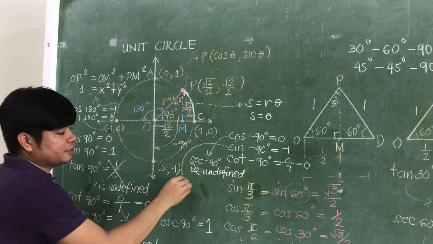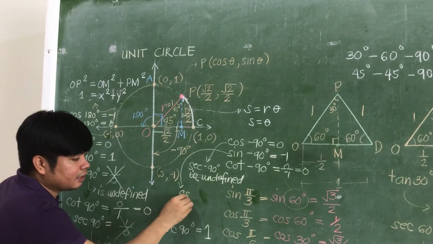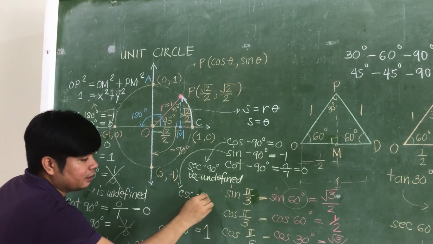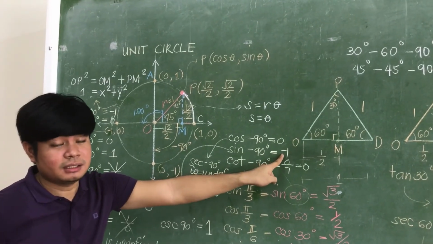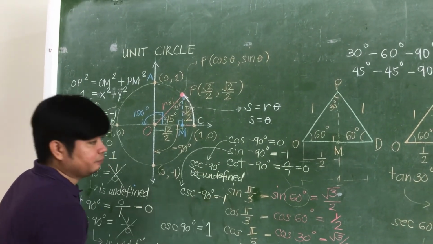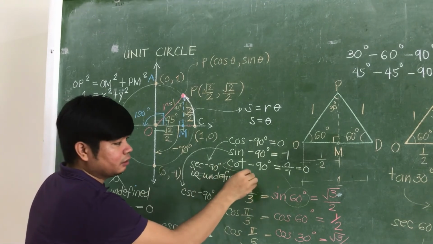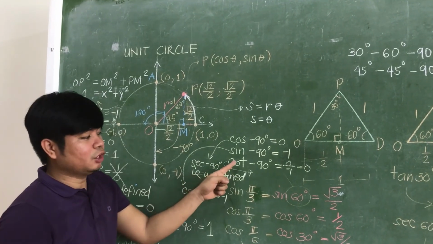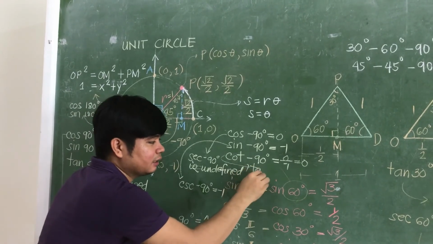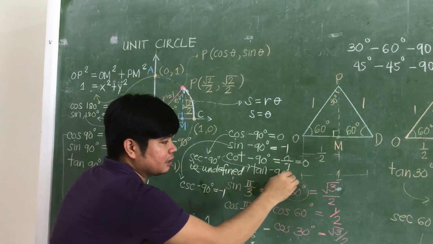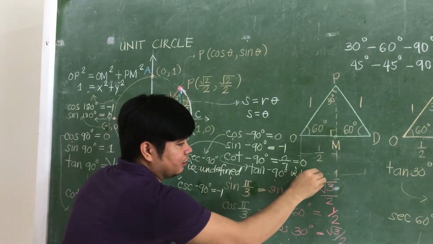The reciprocal of sine gives cosecant negative 90 degrees. That is the reciprocal of negative 1, which is itself, negative 1. And if cotangent negative 90 degrees is 0, then tangent negative 90 degrees is undefined.